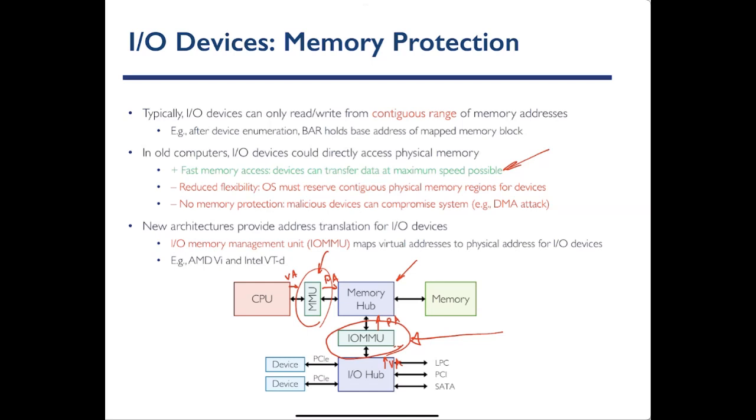You could just make the device write to kernel memory, and then kernel would write that data to the process, or you could just allow, the same way that we did sharing between processes, two processes to share the same physical address. We can make a process and a device share the same physical address space.